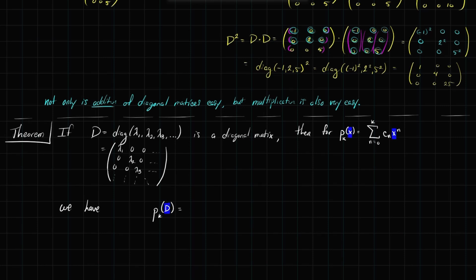That just means I'm replacing that x with D, the diagonal matrix, D to the nth power. I'm considering those powers as matrix multiplication powers. So really we're thinking along the lines of C0 times the identity plus C1, that's just a constant, times the diagonal matrix plus another constant times the diagonal matrix squared, all the way up to some other constant times the diagonal matrix to the k power.